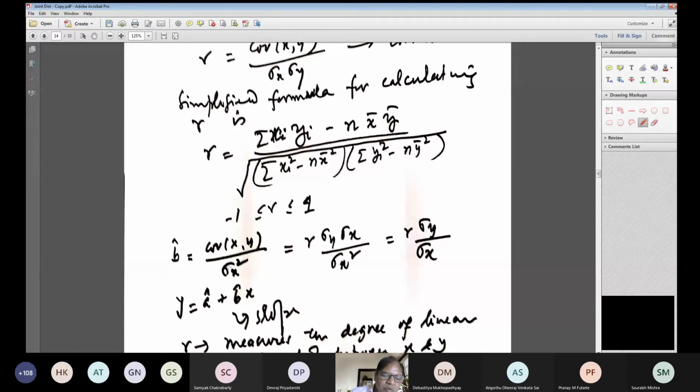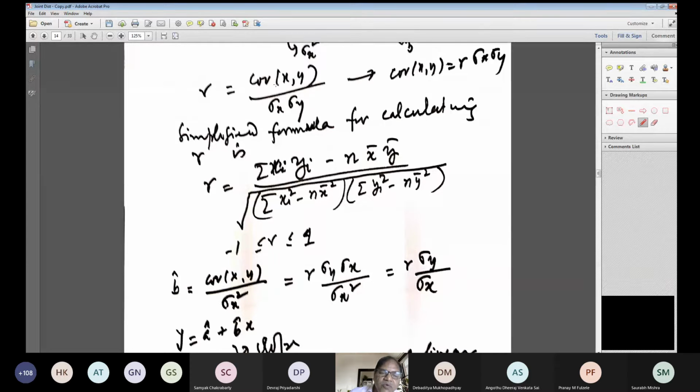Now covariance xy is equal to r sigma x sigma y.